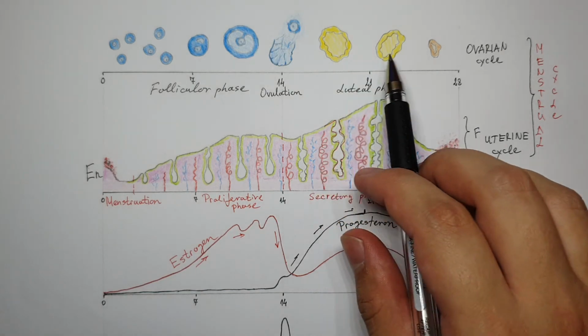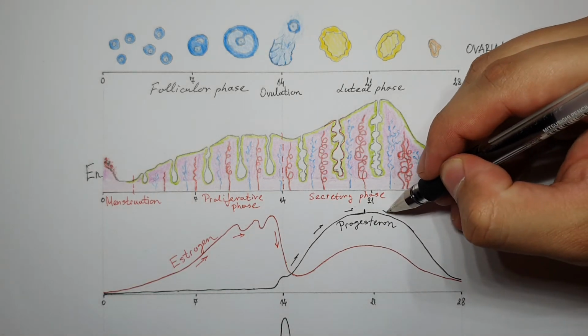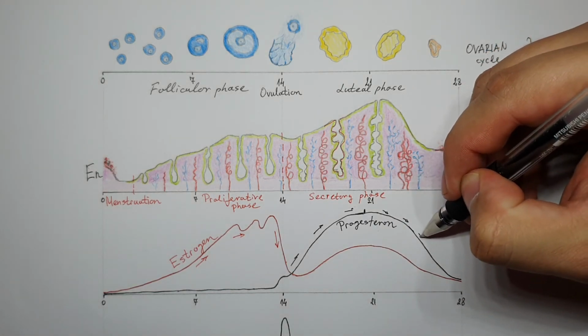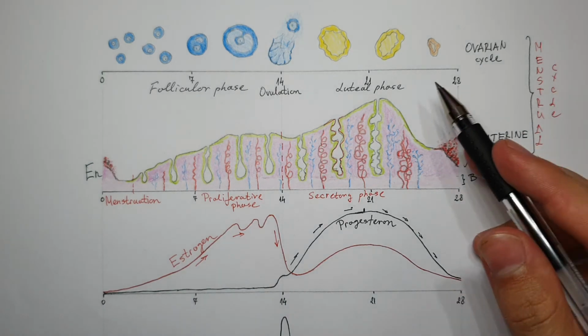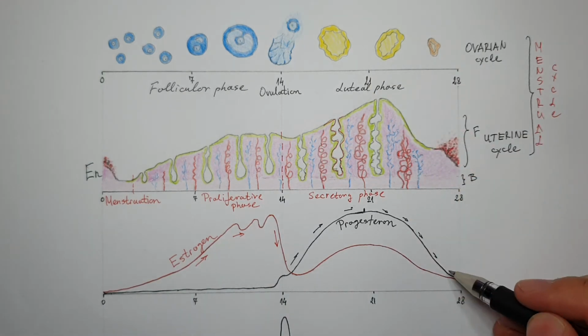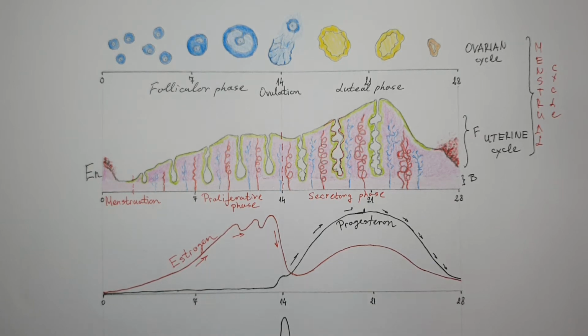And when the corpus luteum is basically starting to shrink, we see that progesterone is also starting to fall. And in the end, when the corpus luteum is finished, it falls low. So this is how these two hormones change.